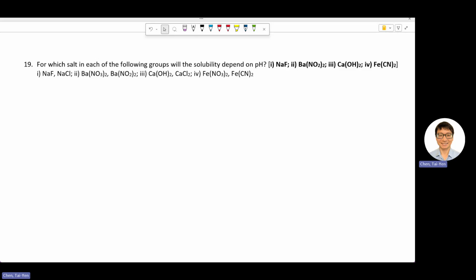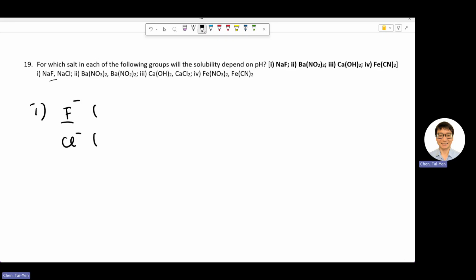To solve this type of question, you're looking for the anions. If it is a strong base or weak base, it will be influenced by the pH. So the first one, the anions are F minus and Cl minus.